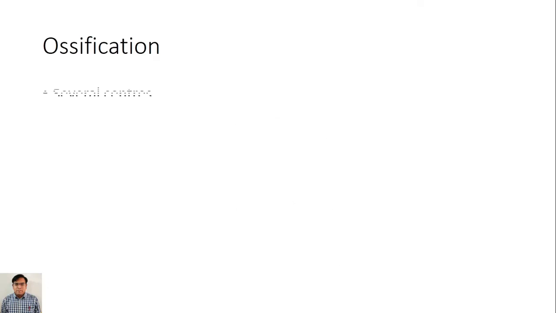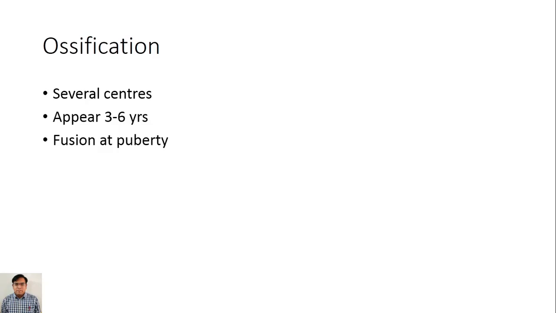Now the ossification, as I have told you, is from various centers which appear during 3 to 6 years of age, and fusion takes place at puberty. Okay, thank you.